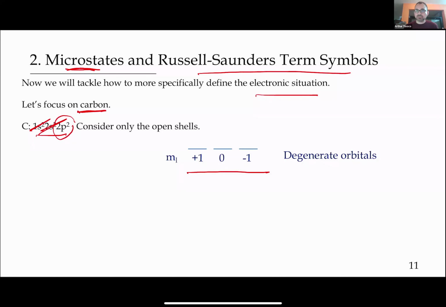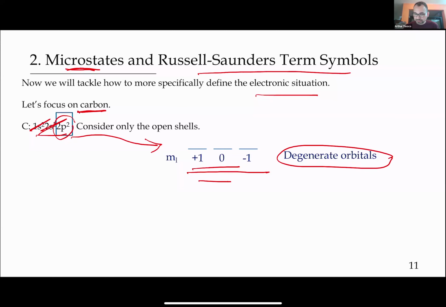We have to ask ourselves, how can we put those two electrons into these orbitals? Remember that in a given element, all three are degenerate orbitals, equal in energy, so those two electrons can go into any one of them.